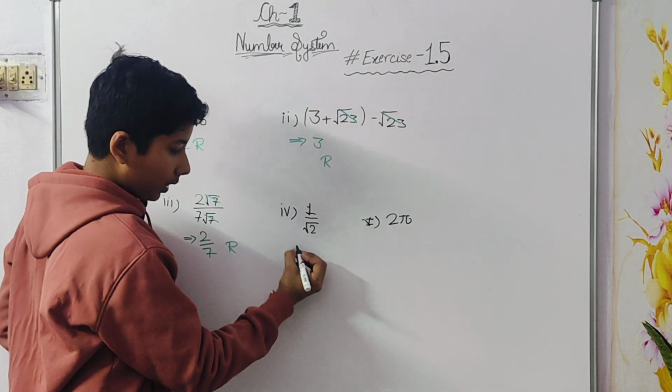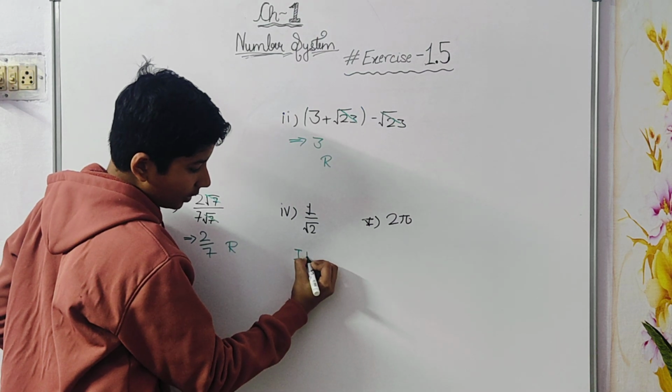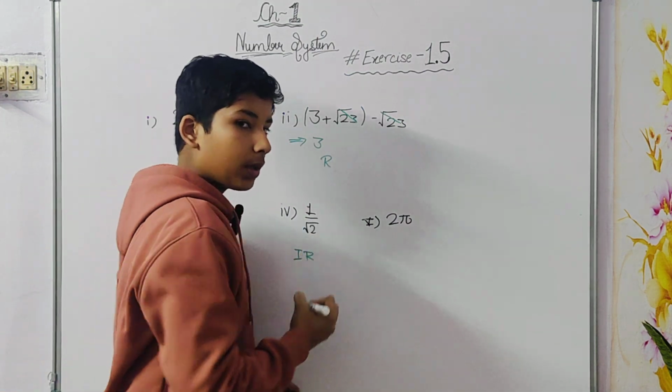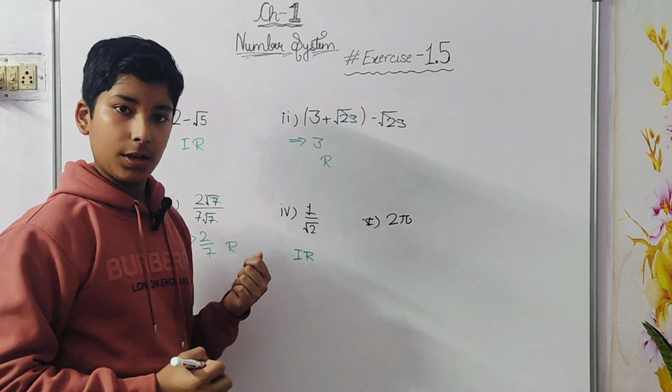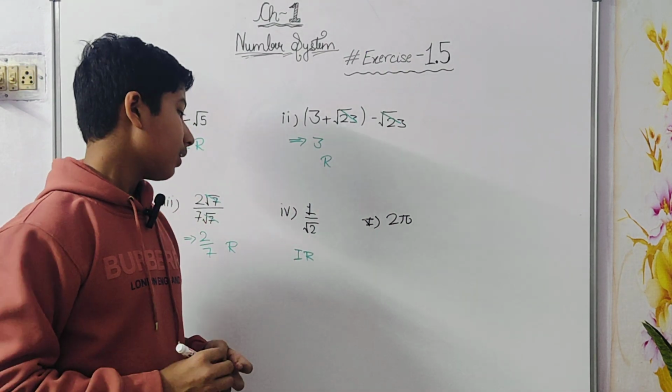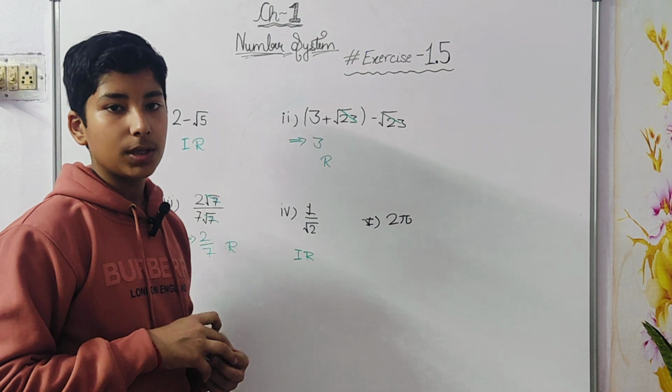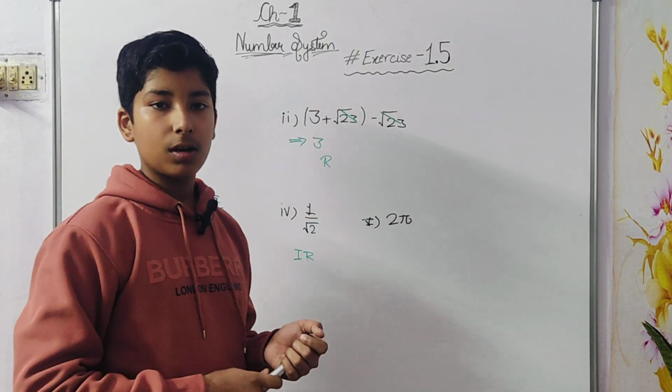1 by root 2, you can see it is irrational because root 2 is below, and also if it would be on the upper side in the numerator, then also it will be irrational because root 2 is non-terminating, non-recurring.